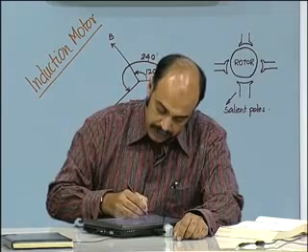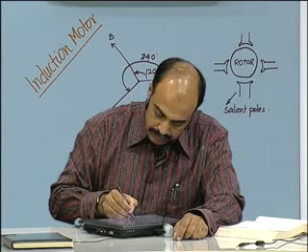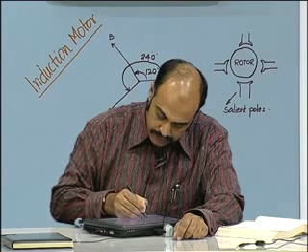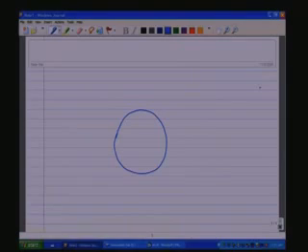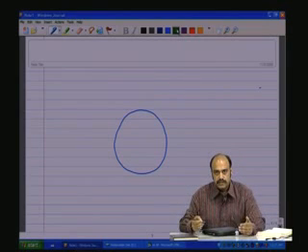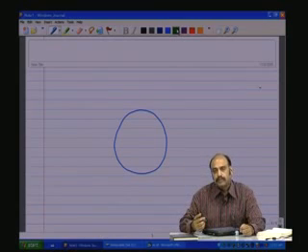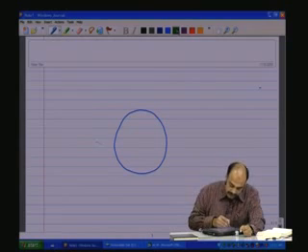First, we shall have the stator represented as a nice circle here, and let us have the three-phase currents flow through three electromagnetic poles located 120 degrees spatially apart.